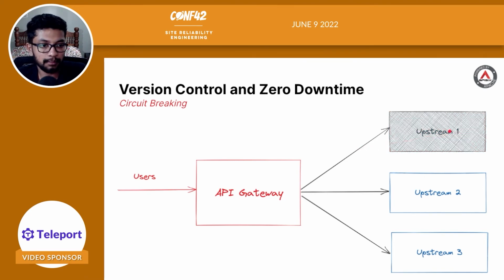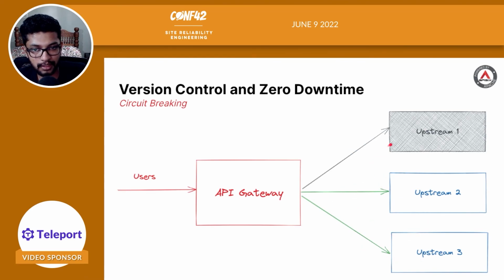So your upstream has gone down, and what the circuit breaking functionality of an API gateway does is it cuts off all traffic to this failed upstream, and it instead routes all traffic to your fully functioning upstreams.